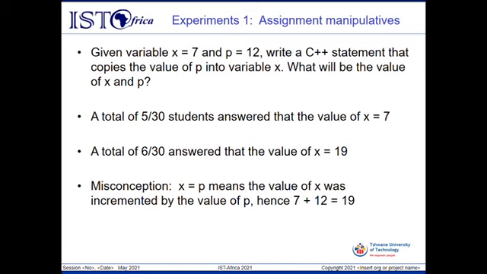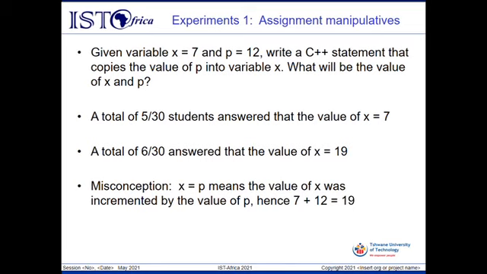And then again, a total of 6 out of 30 answered that the value of x is equal to 19. Where did they get 19? The misconception again is there: 7 plus 12 is 19. But when you look at the question, there is nowhere where it says the values of x and p should be added together. I think x is equal to p.